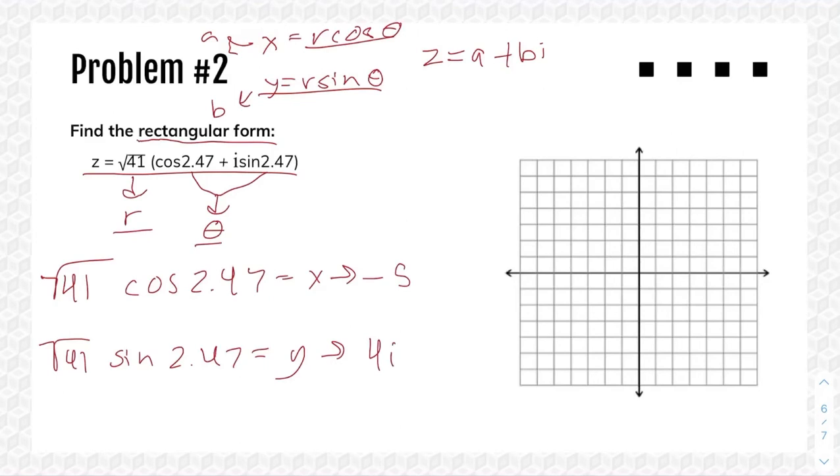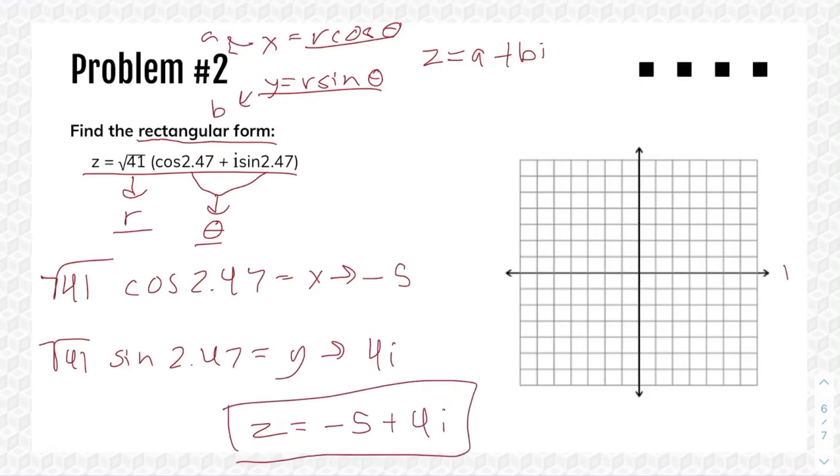Now let's quickly plug it into our equation. We're going to get z equals negative 5 plus 4i. Now let's quickly plot these for reference. Negative 5 on our real axis is located right here, and 4 is located here, which means our point is right here.